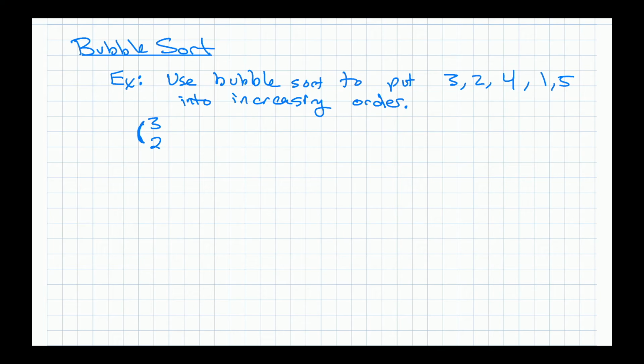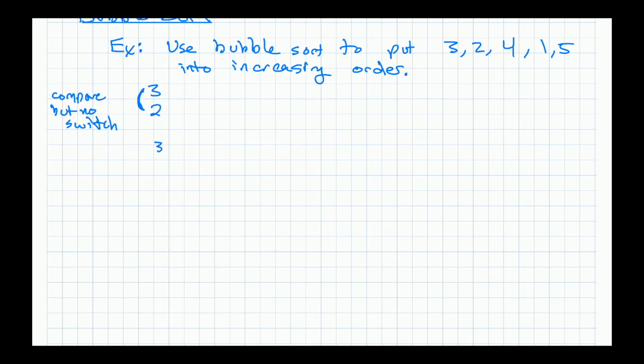If I just drew a line like that, that would indicate we made a comparison, but no switch, because we're going to switch the order of some elements. Now, if you see this with arrows on the end, that would mean that we made a comparison and we're going to switch the order of the elements.